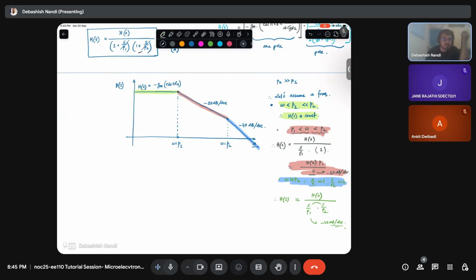But from the amplifier point of view, what should be your bandwidth? Your actual characteristics of the amplifier will be something like this. This is your desired one. What will you check then? 3 dB below the desired point, and that is this point.